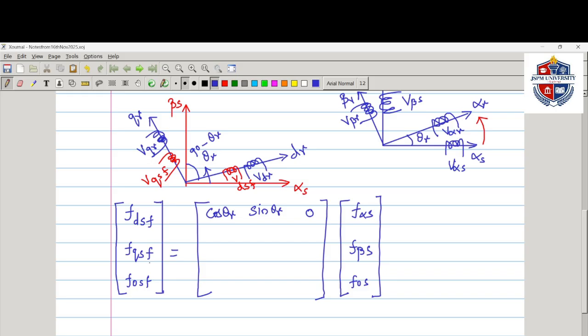Then we have FQSF. FQSF is here. So FQSF with respect to the alpha S axis, what is the value?